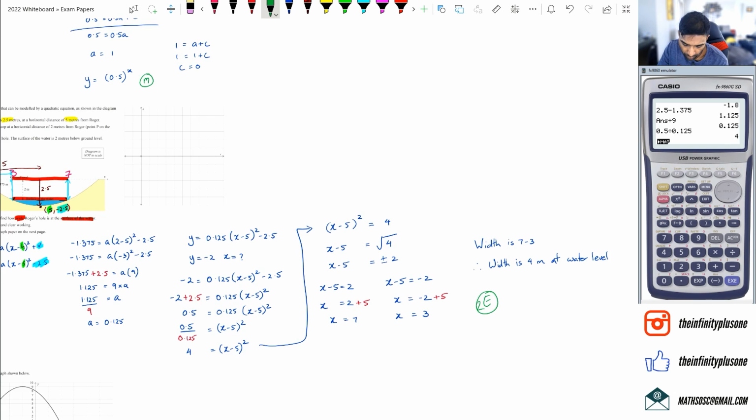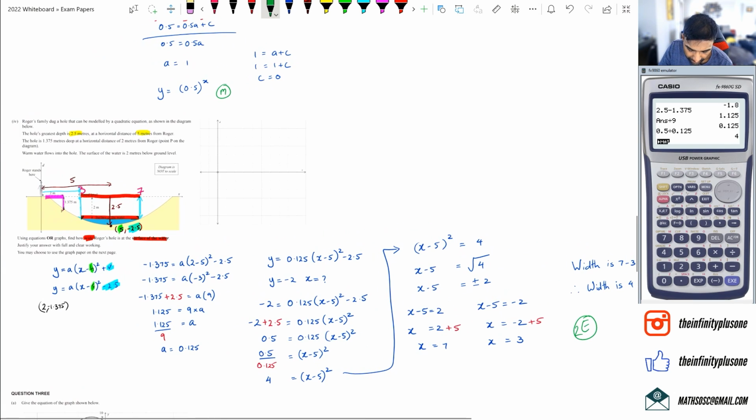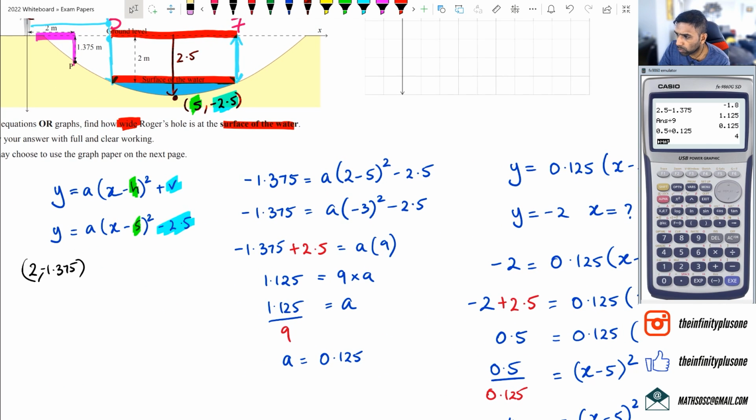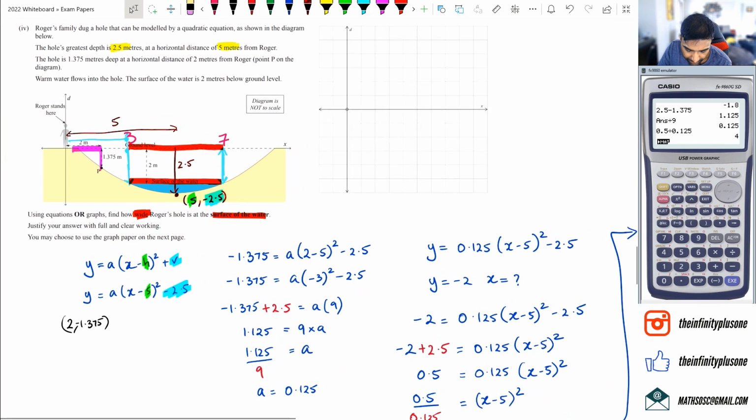Okay, so with the graphics calculator, the steps are still the same. You still have to figure out what the equation of the graph is. To figure out the equation of the graph, I'm going to take down 3 points.